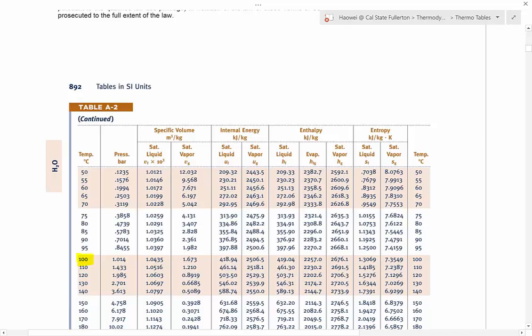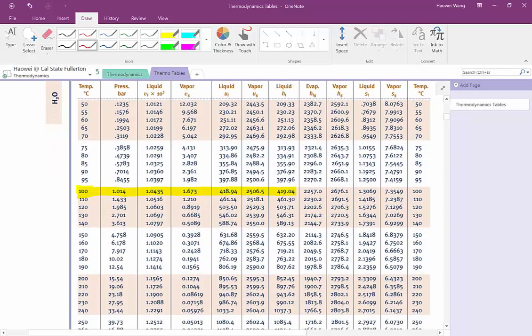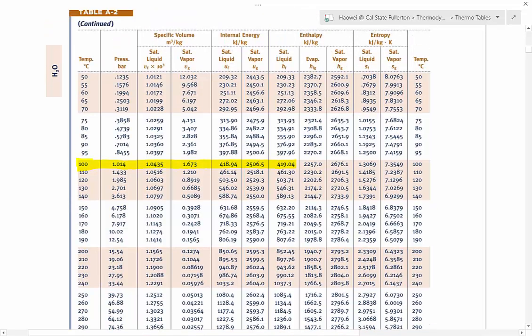And then the one we're looking for is nu G, so you go to the right. This is the row you want. And then what is nu G? Nu G is right here, 1.673. This is nu G. So we go back to our notes and write down this number. And don't forget the unit, cubic meter per kilogram.